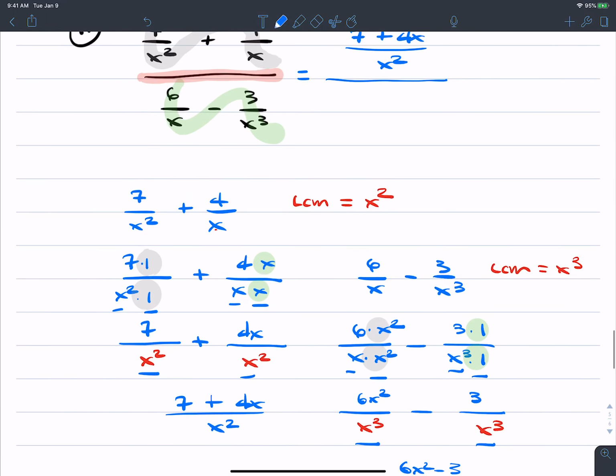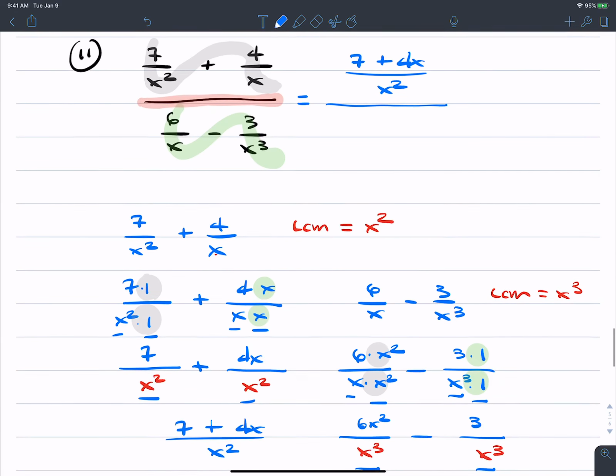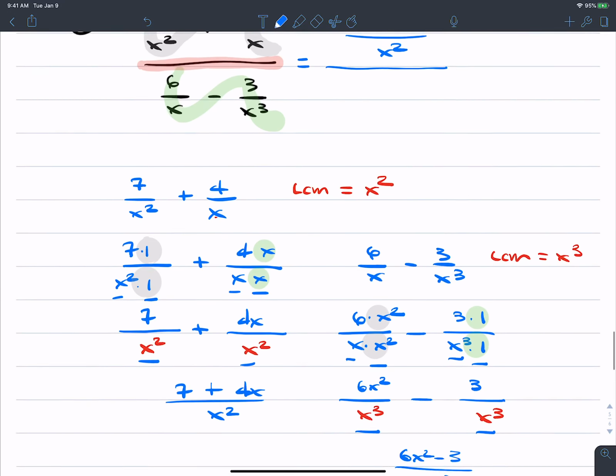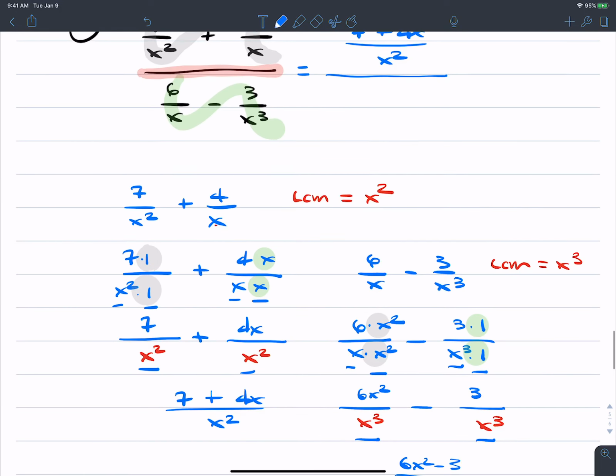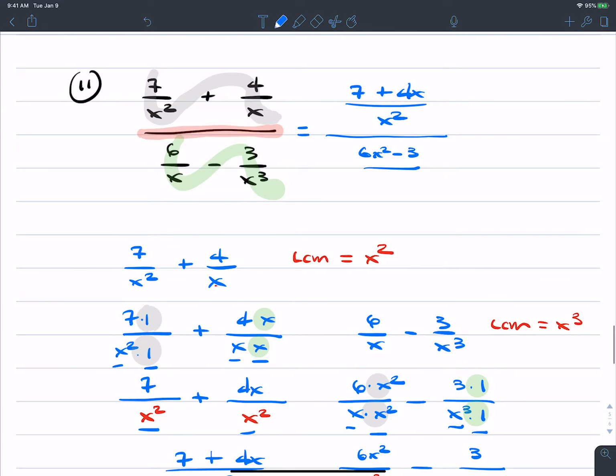And so this is going to be the fraction in the denominator portion here in green. That's 6x squared minus 3 divided by x cubed.